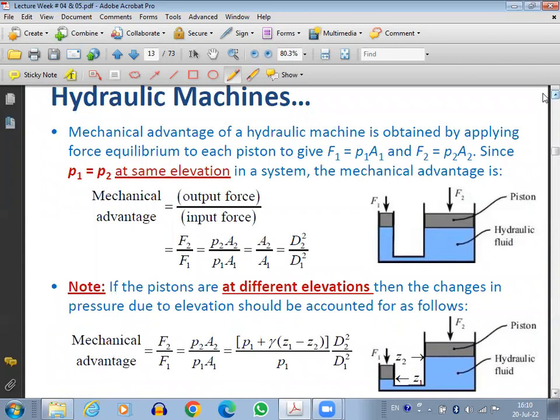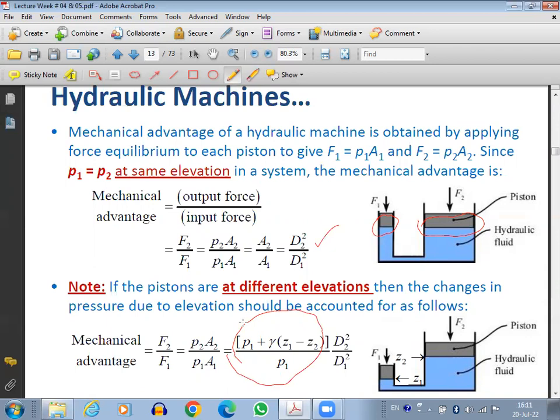Now this is for the case where both the elevations are the same. Then we can find out the ratio like this for the mechanical advantage. But if the elevation is different, then our ratio would be slightly different. We are going to study it, but not right now. So just keep this to review later.